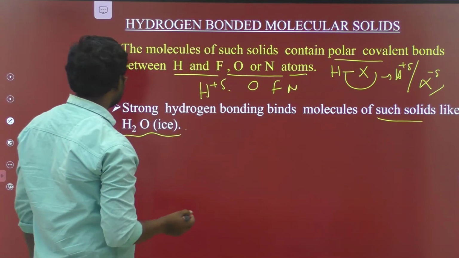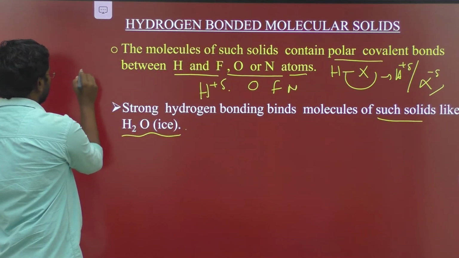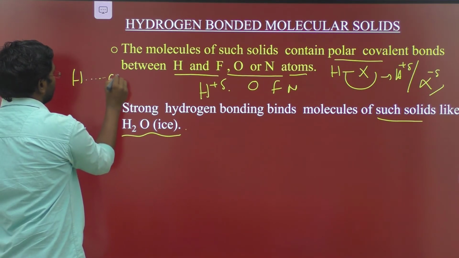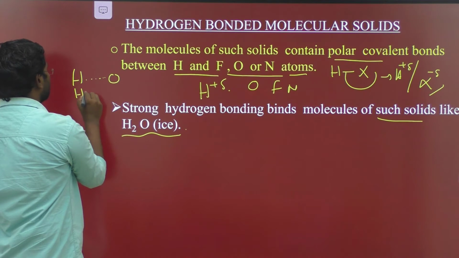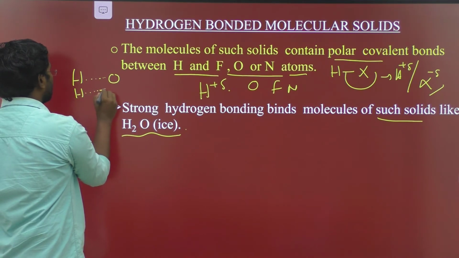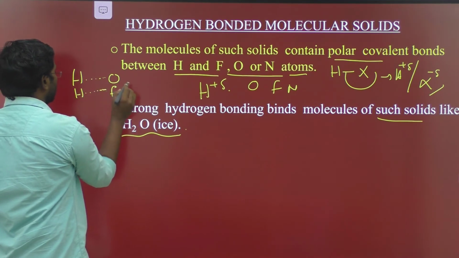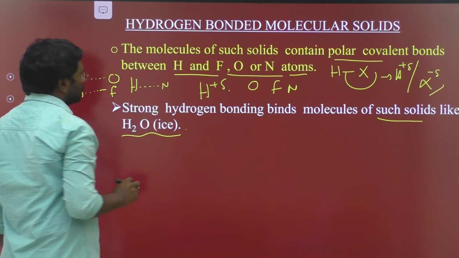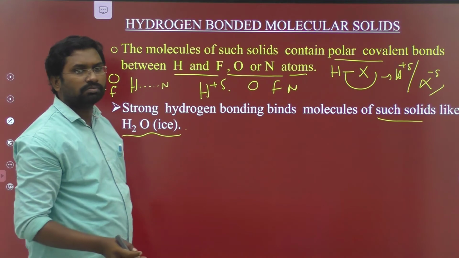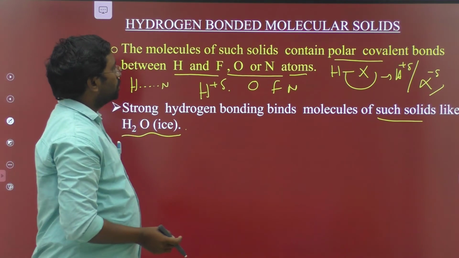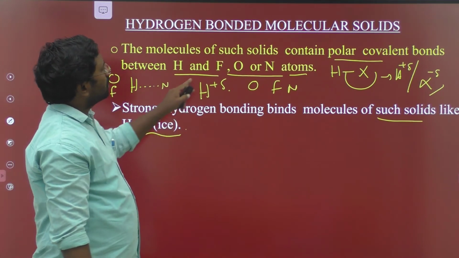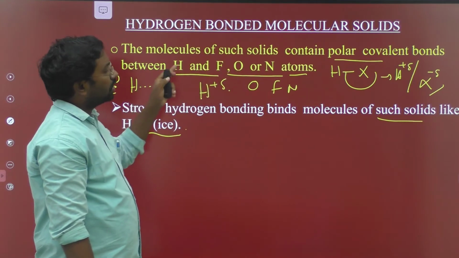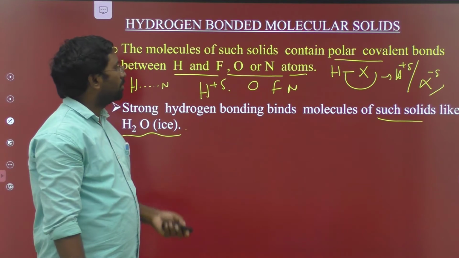The hydrogen bond is generally represented by dotted lines. It is present between hydrogen and oxygen, hydrogen and fluorine, and hydrogen and nitrogen. This is a weaker bond. Therefore, the molecules of such solids contain polar covalent bonds between hydrogen and highly electronegative atoms like fluorine, oxygen and nitrogen.